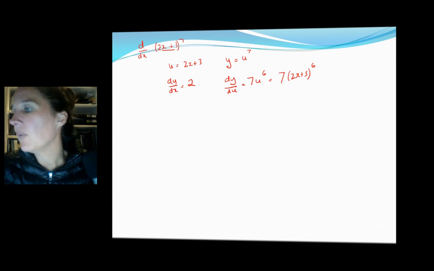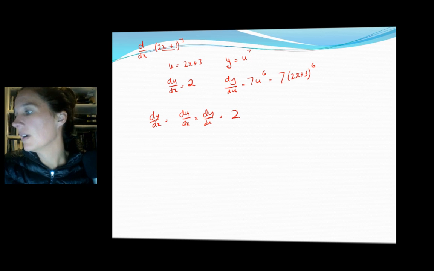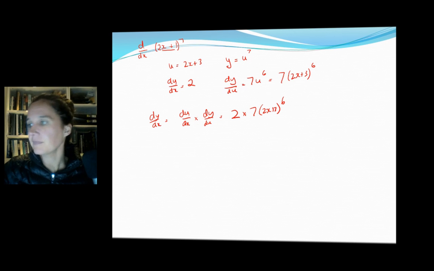So now when we work out here our dy on our dx, will be our du on our dx multiplied by dy on du, which is here 2 multiplied by here our dy on du, 7 times 2x plus 3 to the power of 6. So we end up with 14 multiplied by 2x plus 3 to the power of 6.